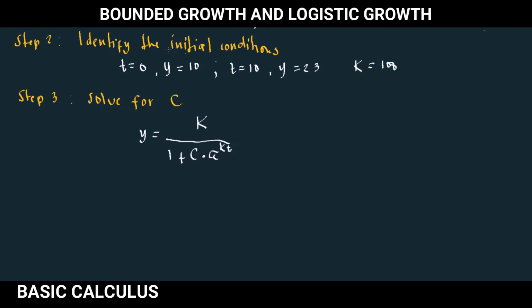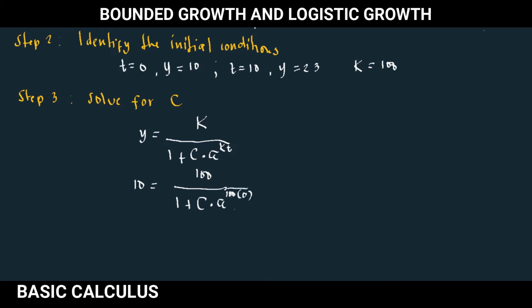Then plug in the first initial condition to this formula and the value of K. So the value of y is 10, and we also have the value of K, which is equal to 100, all over 1 plus C times a raised to 100 times 0.